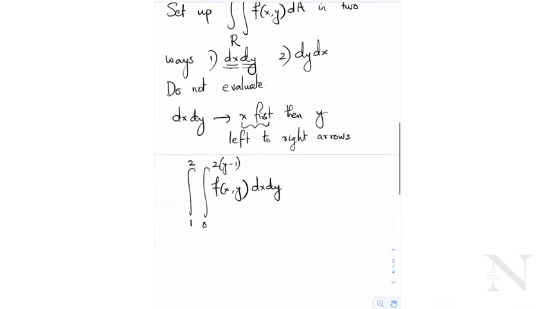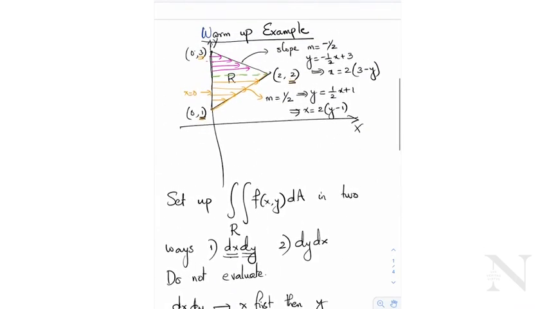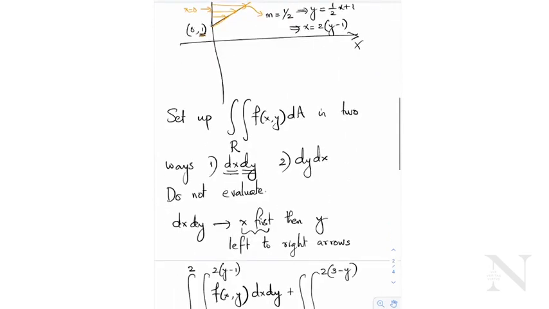Plus the double integral from the next set goes from 2 to 3, and your purple lines go from x equal to 0 to x equal to 2 times 3 minus y. And the y coordinates go from 2 to 3.